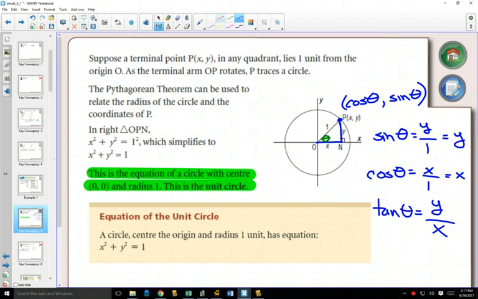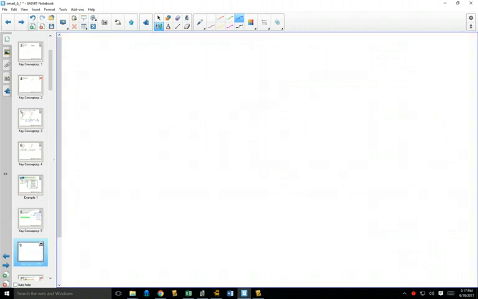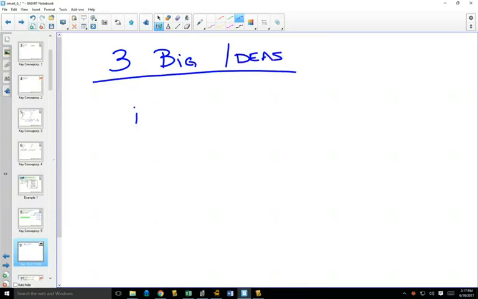At the bottom of your next page, there's some space. That's where we're going to start listing our three big ideas. Big idea number one is that any point.